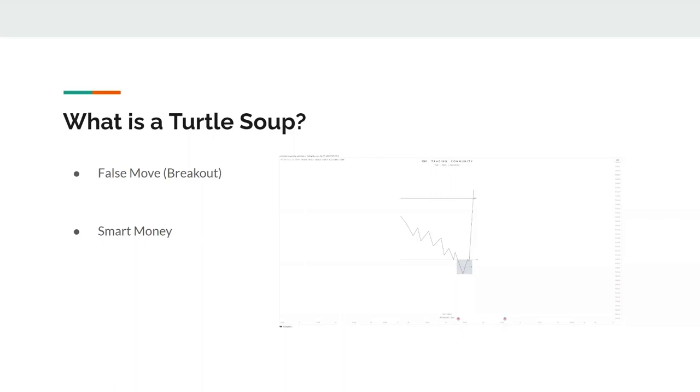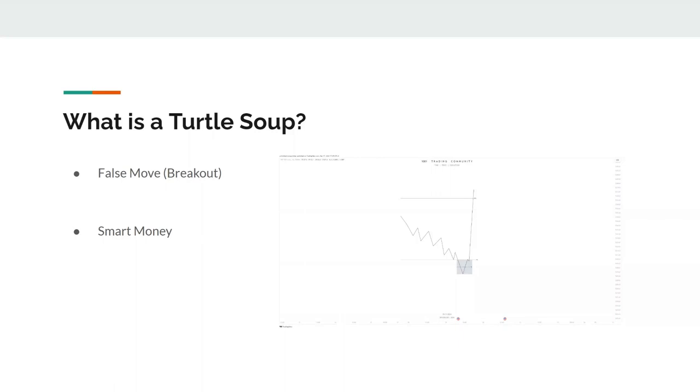Okay, so lecture one, right here, we're going to talk about the ingredients of a turtle soup, and then what I'm talking about right now, what is a turtle soup and how we are defining it. And then in lecture two, we're going to go a bit more into the anatomy of price, because many of you have been studying time with these time models, which is amazing.